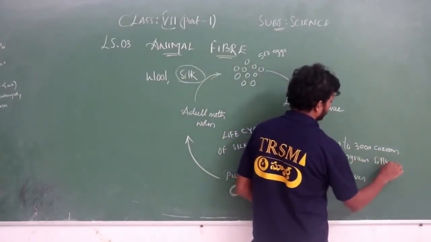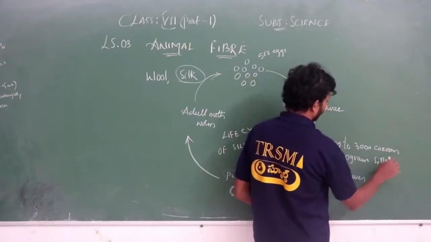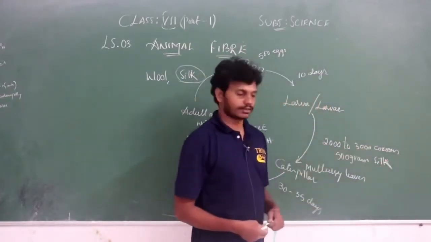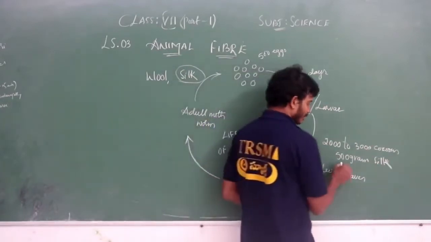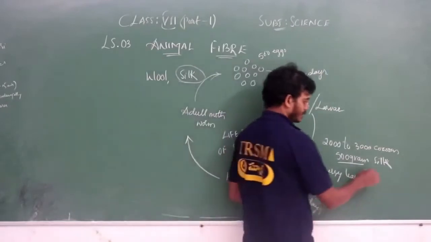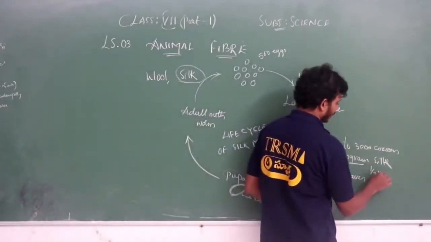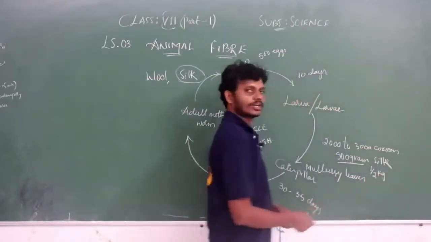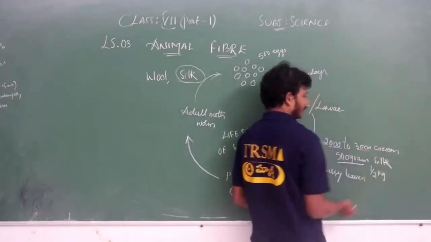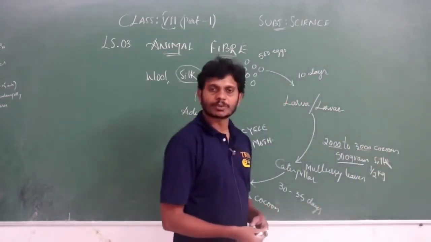How many are required? 2000 to 3000 cocoons, to obtain 500 gram, which means half a kg of silk. To obtain half a kg of silk, we need to kill nearly 2000 to 3000 pupas.